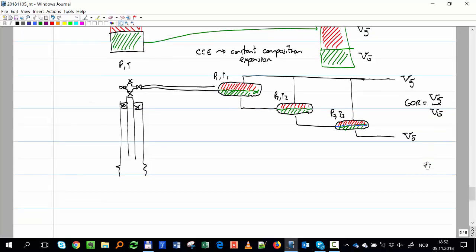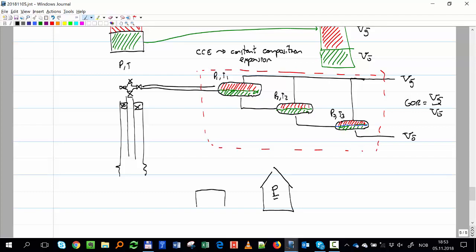So to make black oil, and this is what I have in the field, in the field I don't have this, I have this process. So to make it more generic for these black oil tables, I say, well, the way in which I take this mixture to the surface, I make it like that. I'm going to represent all of this by a house that I call the surface process.